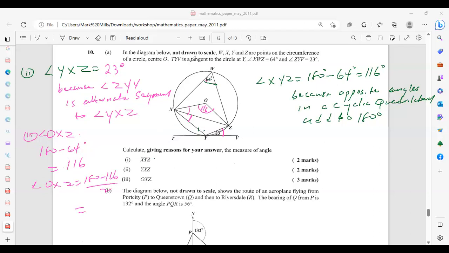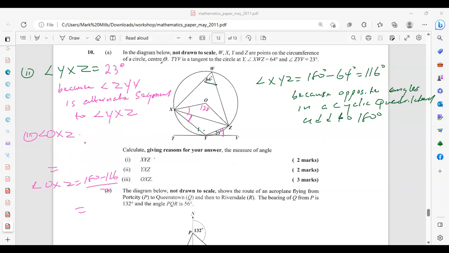Oh no, that should be 128. Hold on, I'm just seeing something here. This one should be 128 here. You double that, you get 128, right?